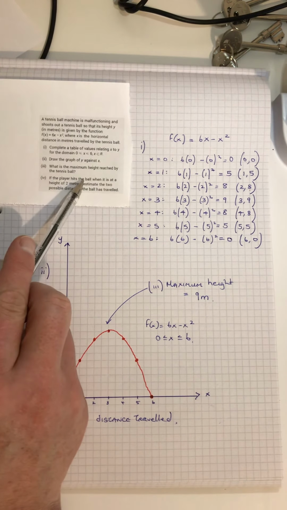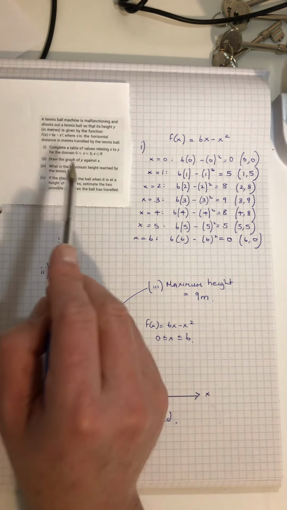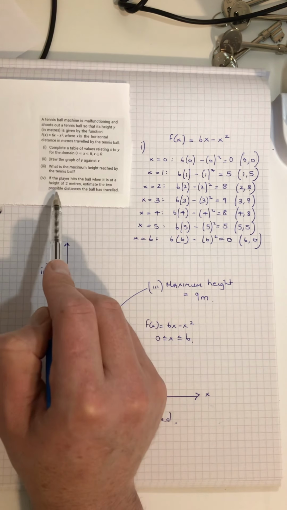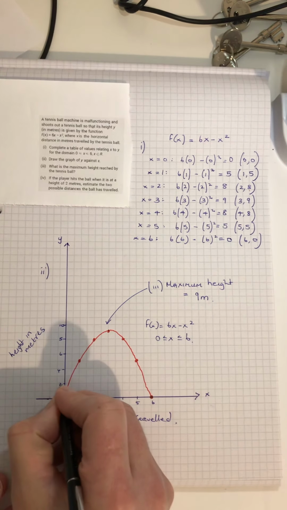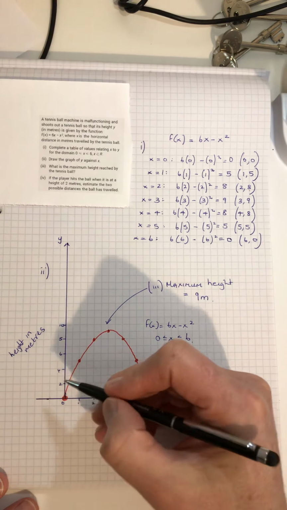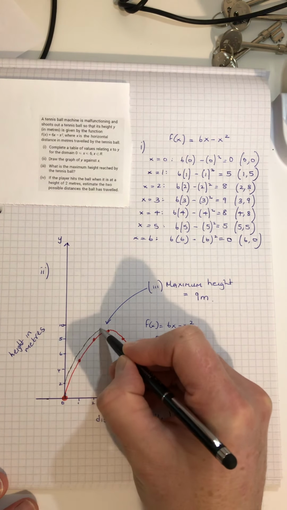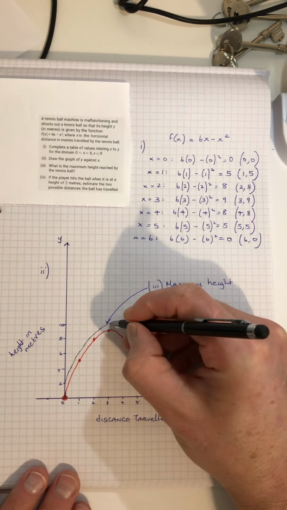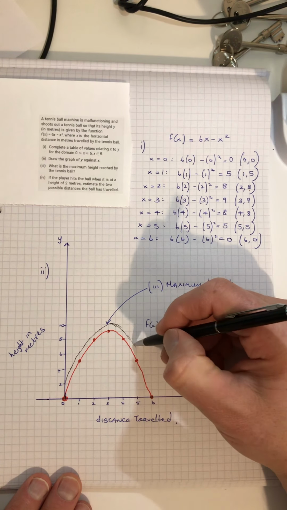If the player hits the ball when it's at a height of 2 meters, estimate the 2 possible distances the ball has travelled. So that question's asking us, if the player hit the ball from this height here, 2 meters, and it followed around a similar kind of a path, where would the ball end up?